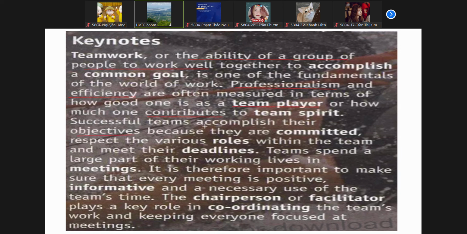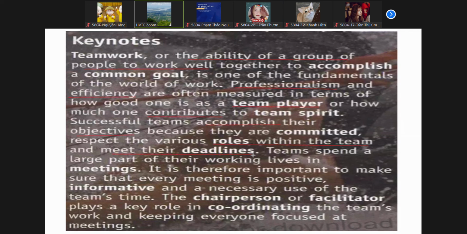And if they want to accomplish all of their objectives, it means that they have to respect the various roles within the team, and they also have to meet their deadline. So remember that there are two things that make a successful team: a team is considered successful only when they respect all the various roles within the team and they meet their deadlines. Right, so that is the answer.